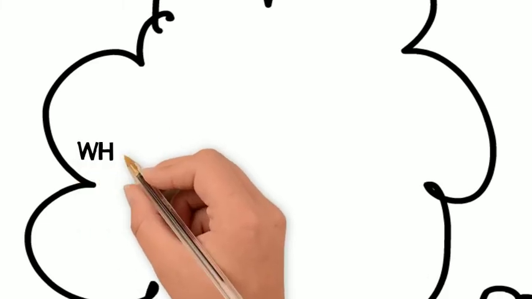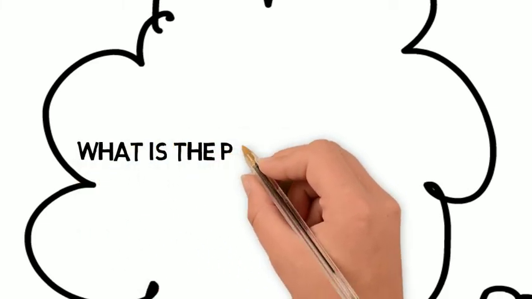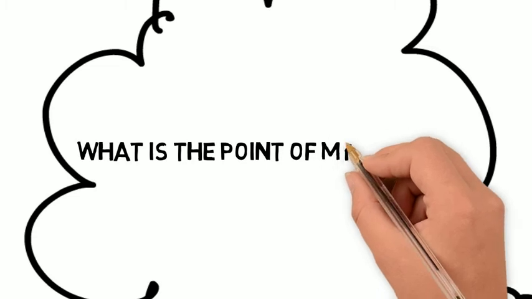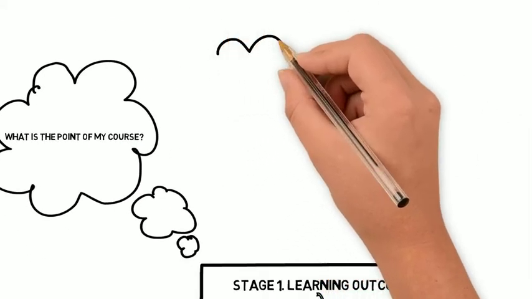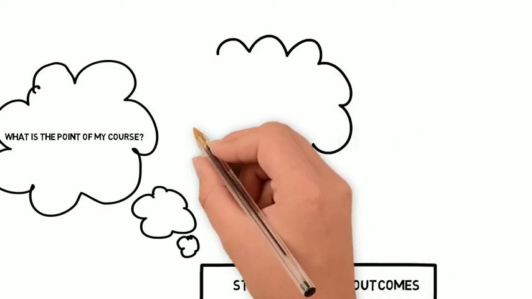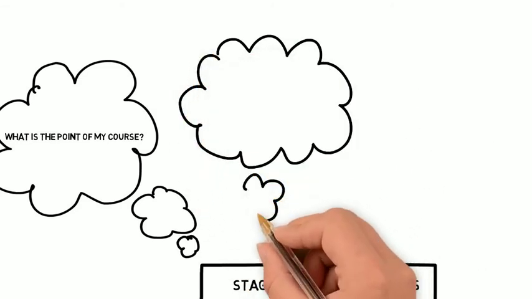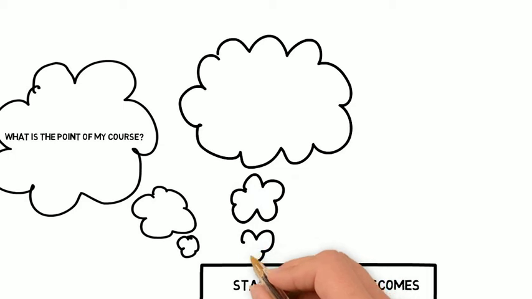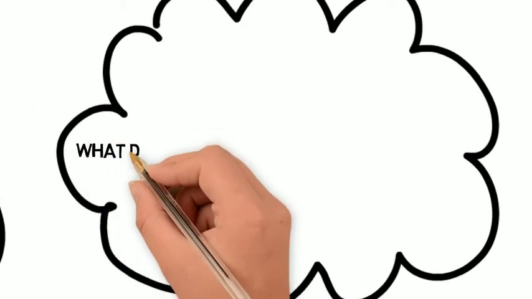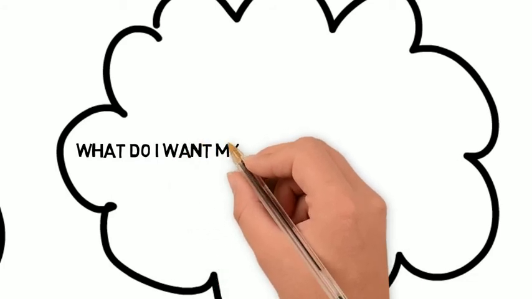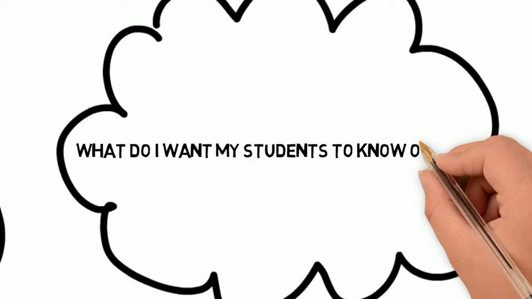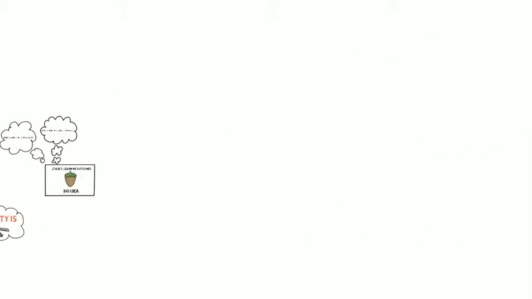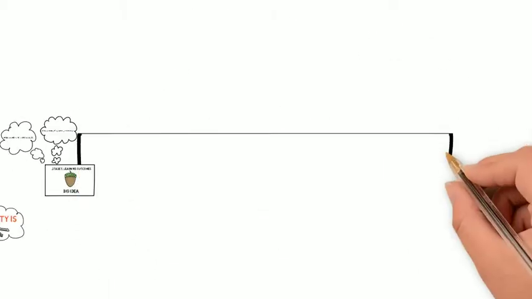What is the point of my course? From there, you can develop an idea for a unit and eventually lessons. What do I want my students to know or do? This is where you're identifying your desired results.